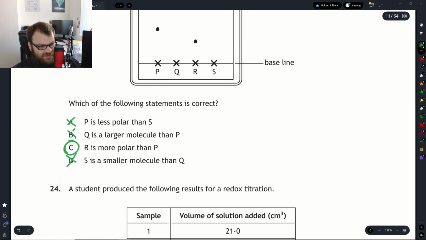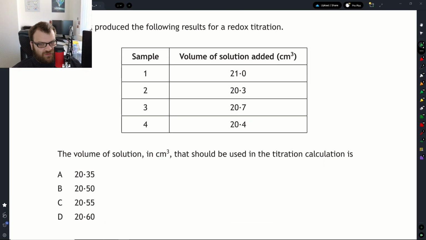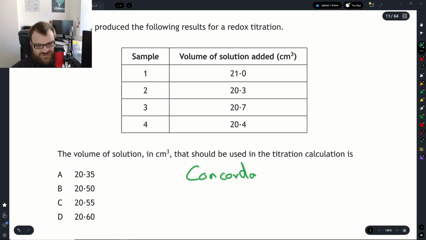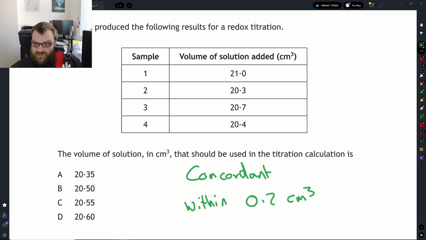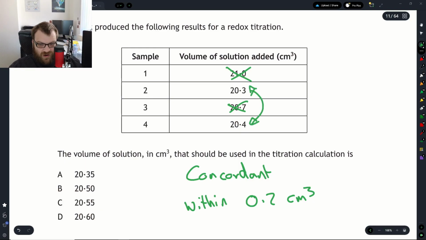On to number 24. If we're going to use our results from a titration in a calculation, we want to use the concordant results. Those are results within 0.2 centimetres cubed. When we look at our values, this one and this one are too far out. These two are within 0.02 of each other, meaning those are the values that we'd use.